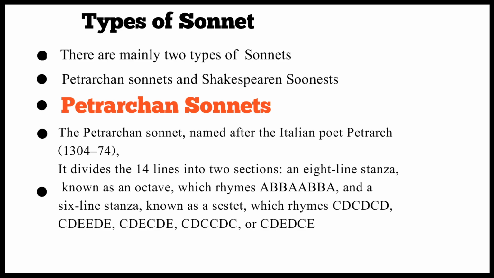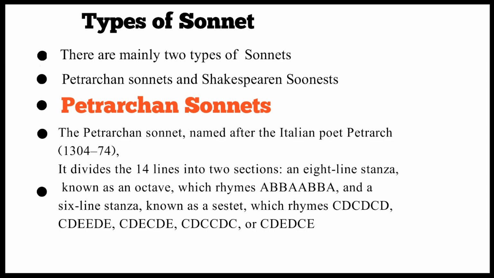Petrarchan sonnets are named after the Italian poet Petrarch, who was born in 1304 and died in 1374. It divides the 14 lines into two sections. An 8-line stanza known as the octave.